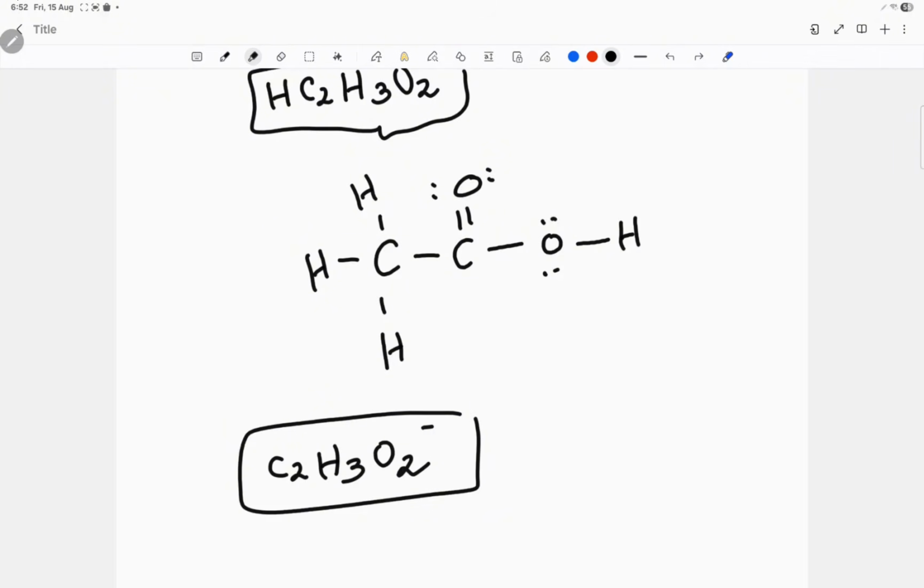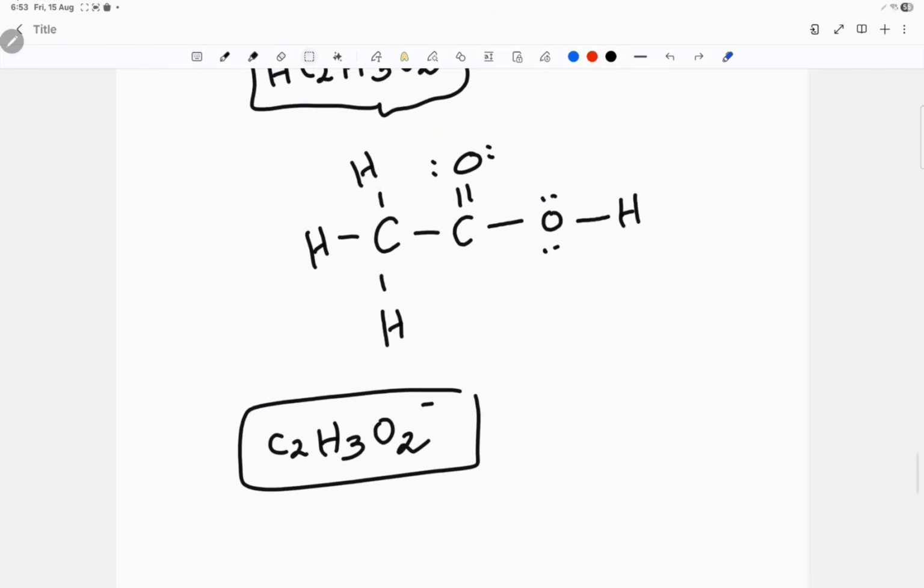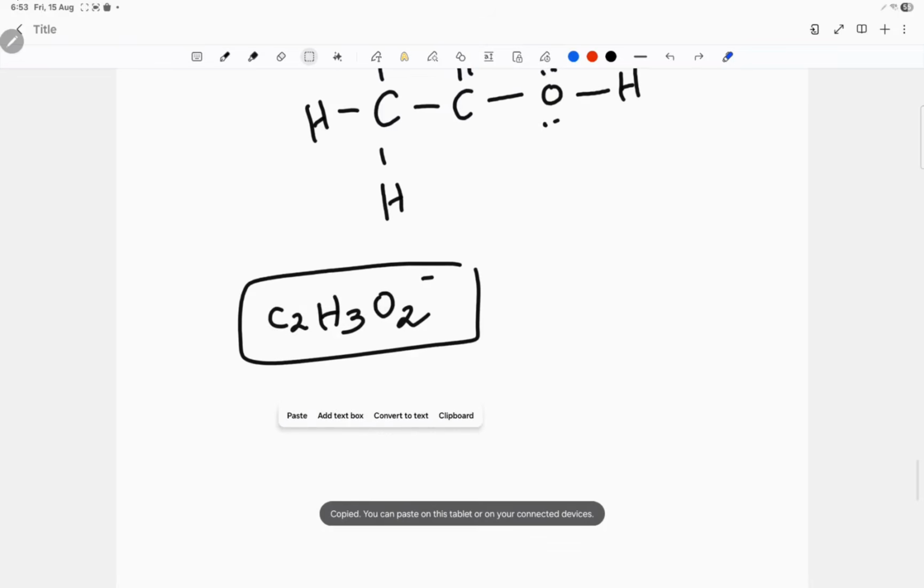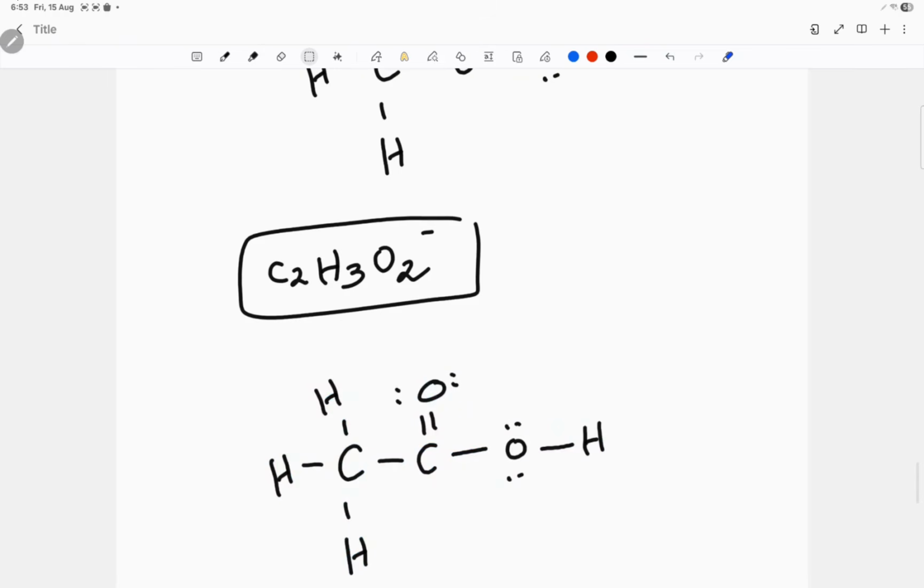Draw me C2H3O2 negative. Look, I will just copy this. How do you know which one takes priority in the middle? Carbon always is. And which H of the 4 gets lost? The one that's on the O, correct? This H will go away empty-handed. That means if it had 1 electron, it will stay here. Now those 2 electrons will become 2 dots.